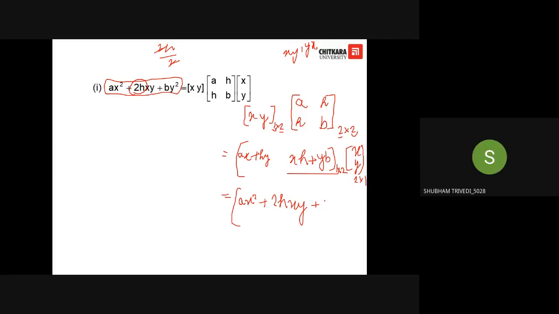Yes, ma'am. Right? And this is the first one row and one column, so this is 1 cross 1. And this is what you are writing here: ax square plus 2hxy plus by square. Is it right?